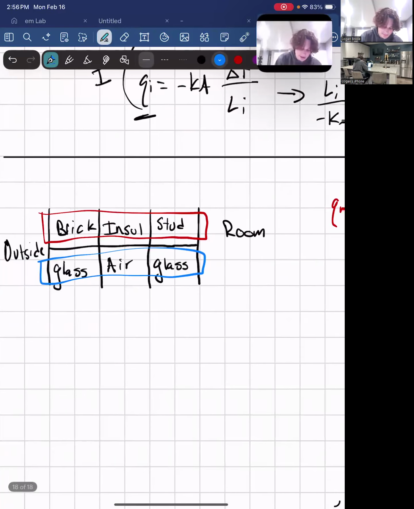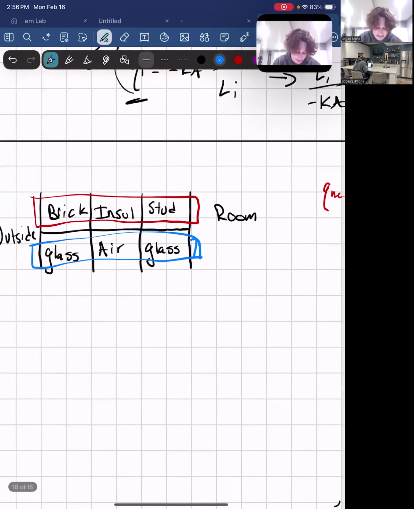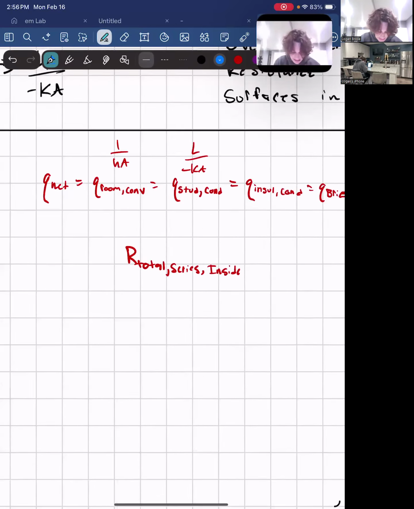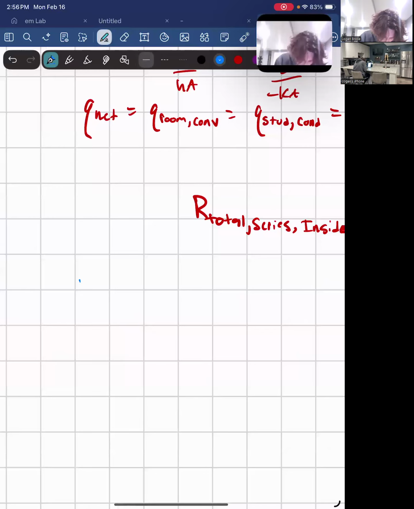And then we can look at our second section here. We have our glass, our air, and our glass, and of course our room and our outside. We break this one down exactly the same way as we did the first part. So we have our Q room, which is convection.